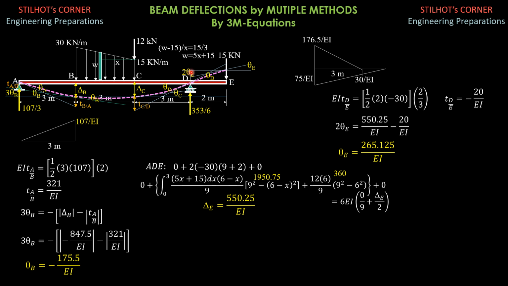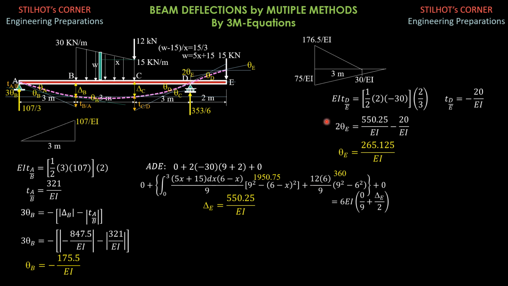So this 2 theta E is equated to this vertical leg of the right triangle, which is treated positive because theta E is positive. And that is equal to delta E minus deviation of D relative to E, which is treated positive, so that this is positive also.